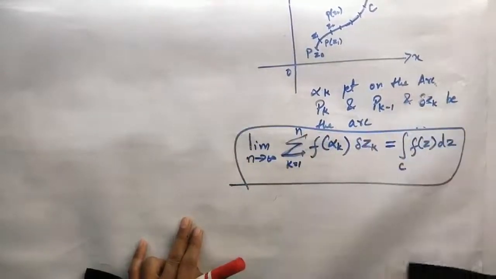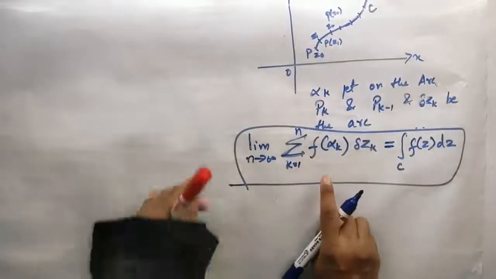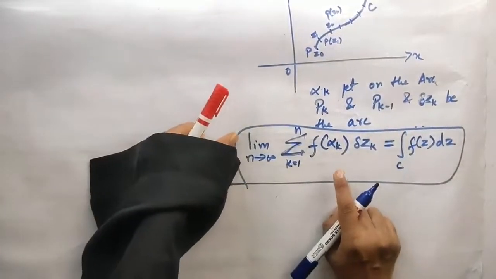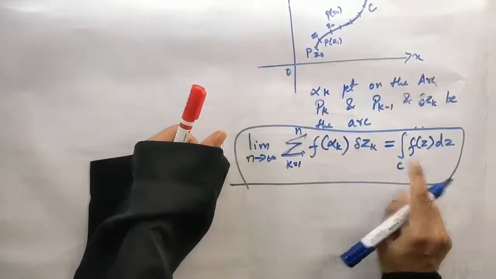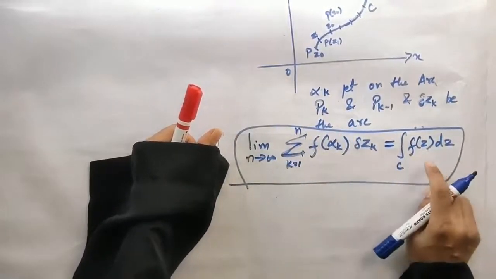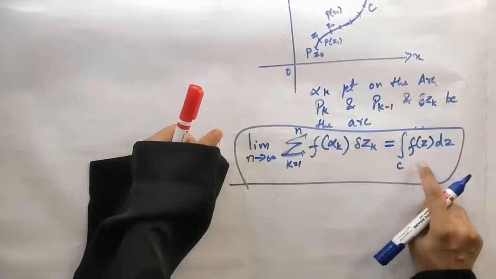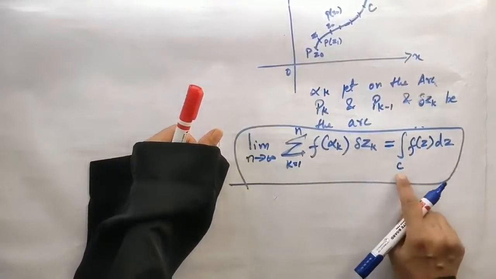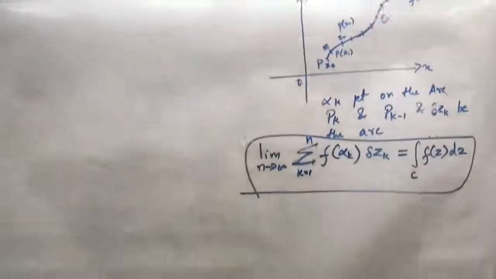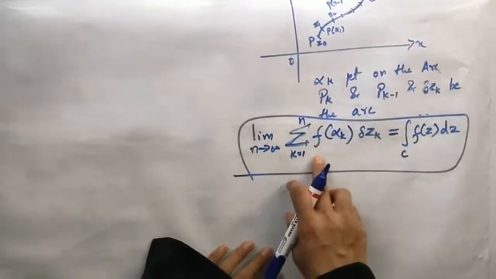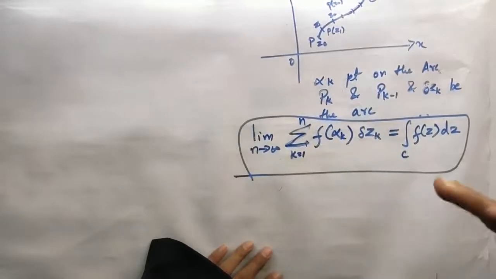Actually, mathematically, this is the exact definition of line integral. We write the complete definition in one single way, that is integration along the curve C f of z dz. Now this curve C is moving from P to Q. The basic meaning of it is this. We take the partitions and we define each and every point.